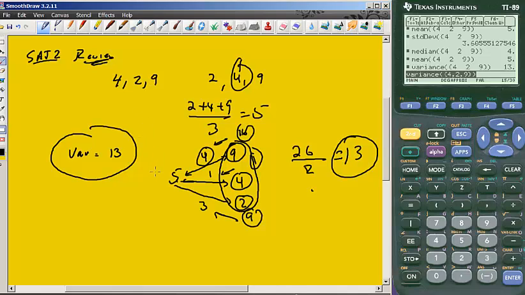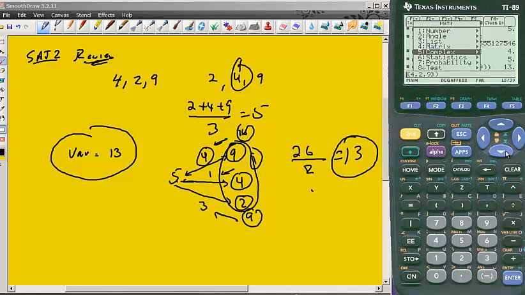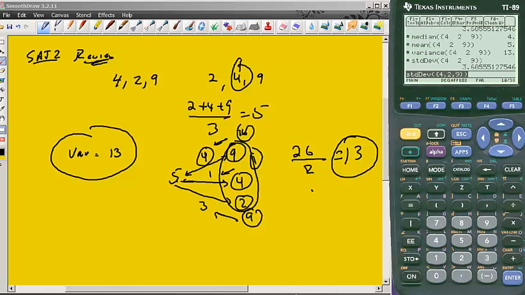Okay, now variance is related to standard deviation, so let me show you how to find standard deviation. If you're given a set of numbers and you want to find standard deviation, I'm going to clear this, take a shortcut again, clear off variance, and then go to second math. I'm going to go down to statistics, and this time go down to standard deviation. Hit enter. Okay, then hit enter.